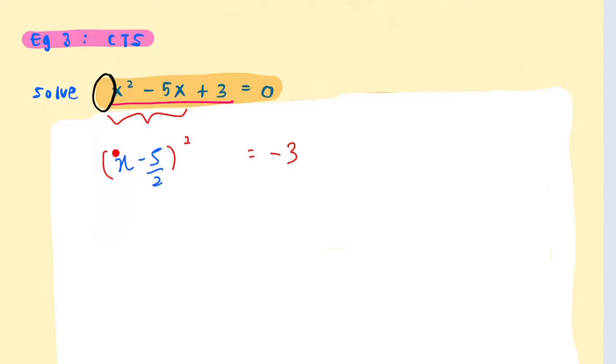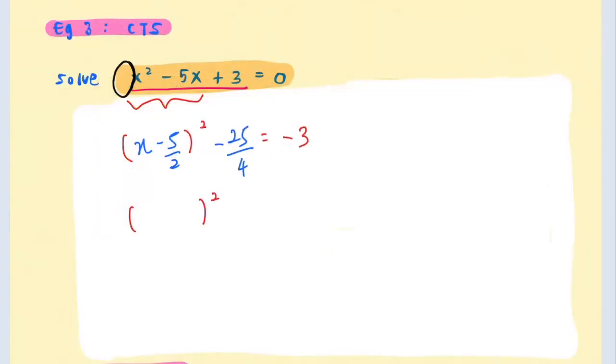Now let's try to open it back. Square the first, you have it here. 2 times, you have it here, minus 5x. Square the last, this is plus 25 over 4. So you know this is an extra term, so let's minus it back, minus 25 over 4.